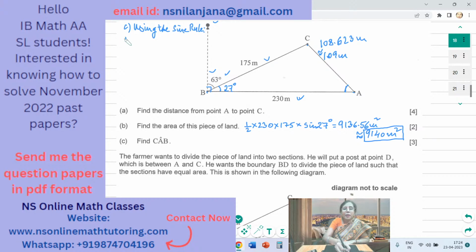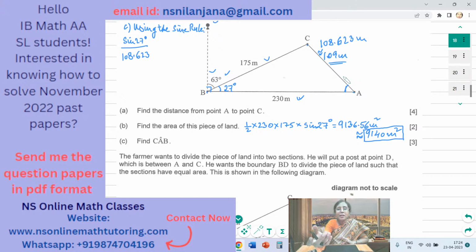We need the angle, so I'm writing sine 27 degrees over 108.623. Remember, don't take the approximate three significant figures in intermediate calculation, otherwise you will never get an accurate answer.